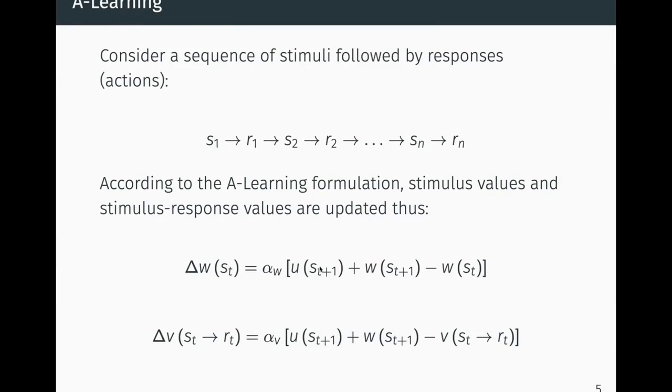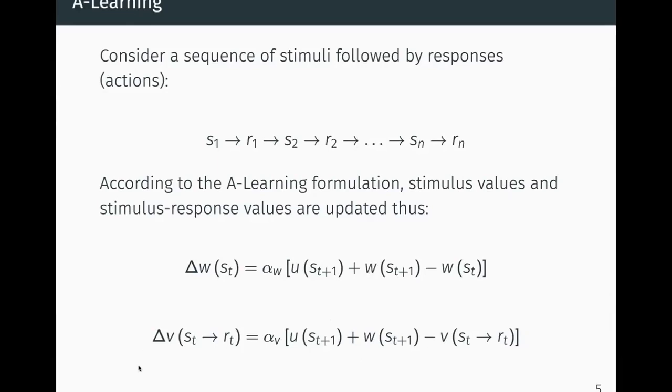The first equation is related to that so-called Pavlovian conditioning, where the conditioned value of a stimulus depends on the unconditioned and conditioned value of the stimulus that comes next.